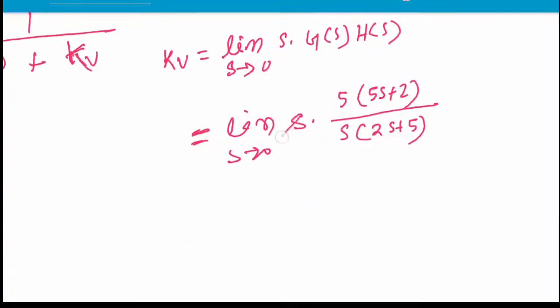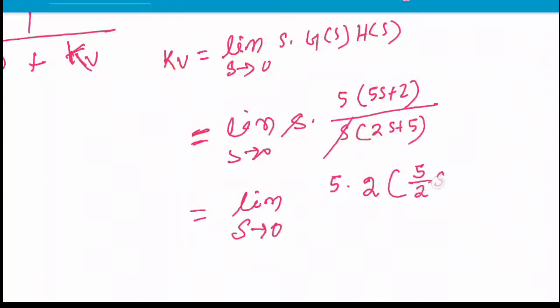So here s is cancelled out and limit s tends to 0, 5 into, here if I take common of 2, then 2 into 5 by 2 into s plus 1, by, here I will take common of 5, 2 by 5 s plus 1.